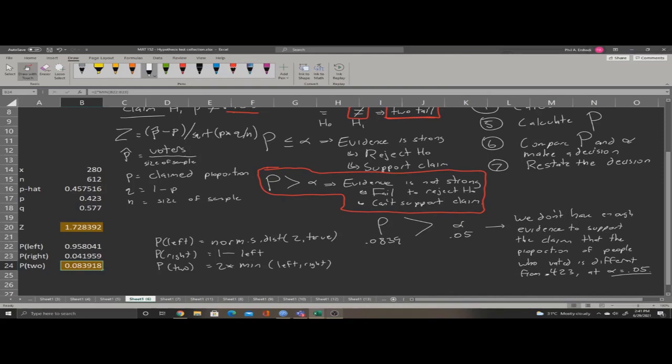Now, if the alpha was just a little bit higher, say 0.10, in that case, that would be enough evidence at that significance level to support the claim. But since we have an alpha of 0.05, the evidence is considered not strong enough to pass that significance level.